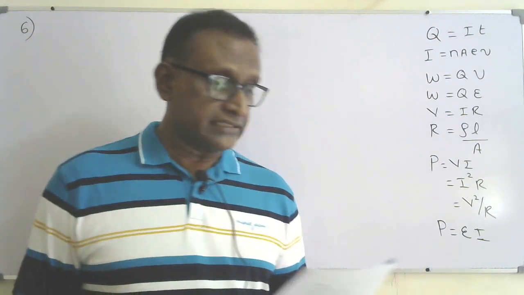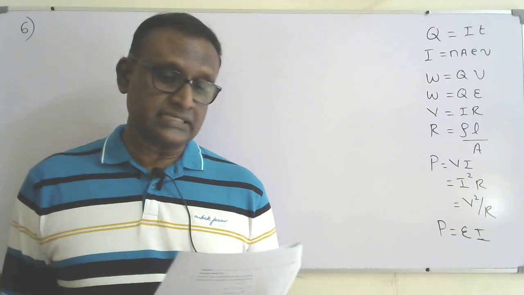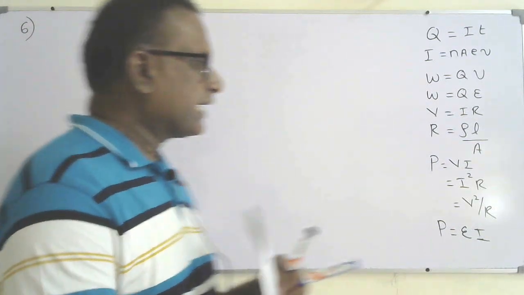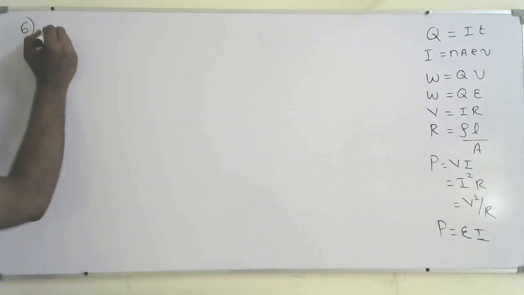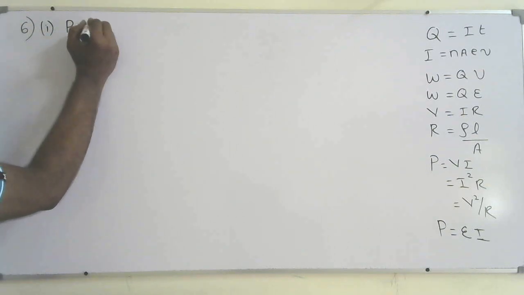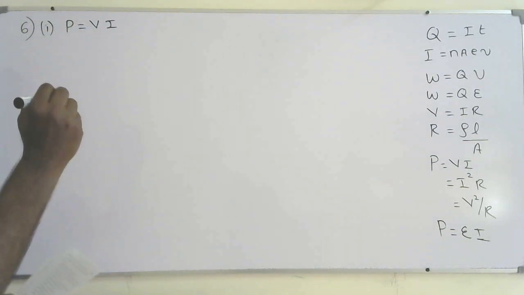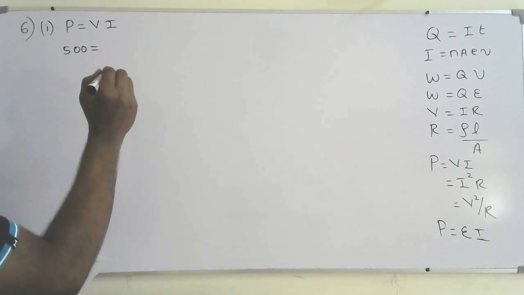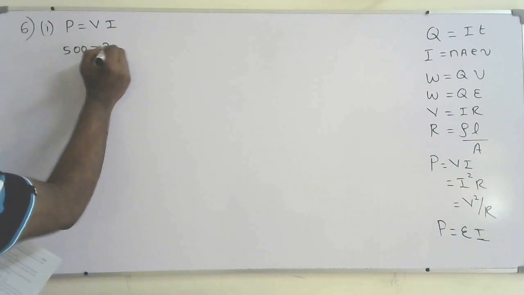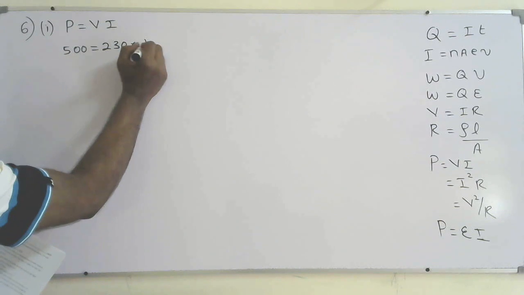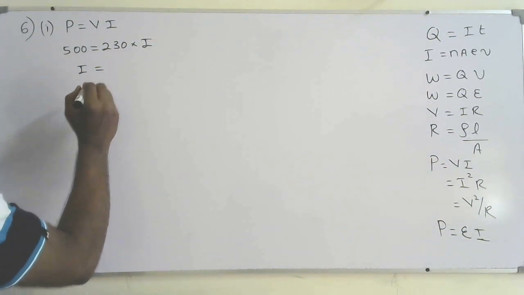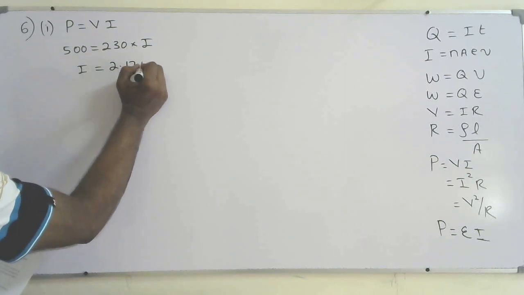That is 500 watts and the voltage across it is given, 230. So I can simply use P equal VI. The power is 500 equals 230 times I. So I is equal to 2.17 amperes.